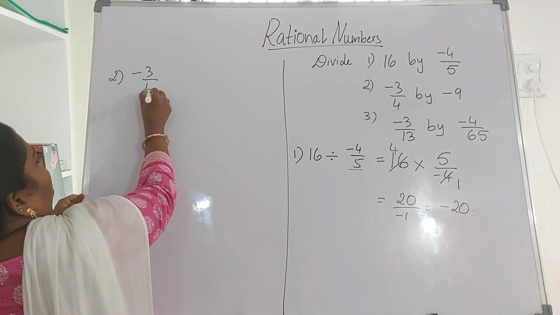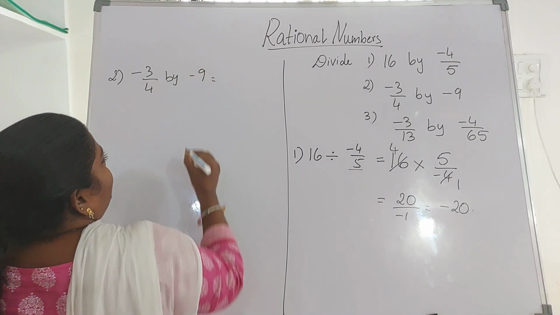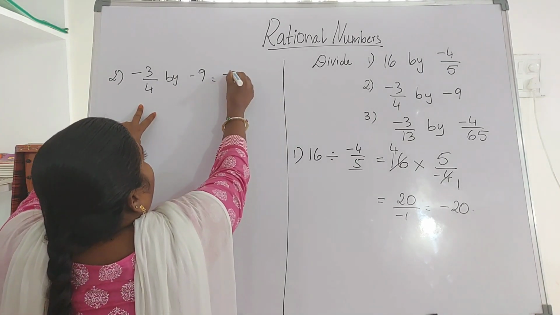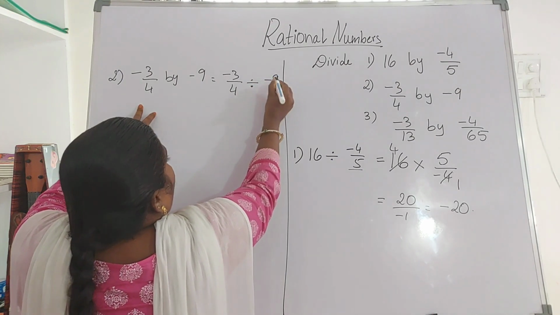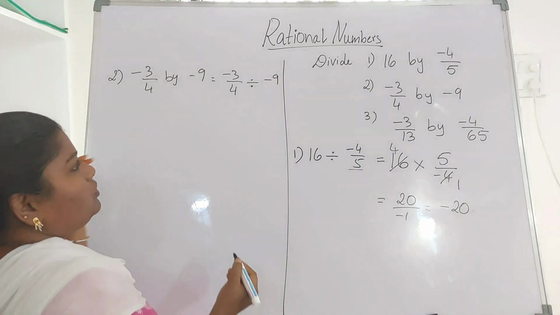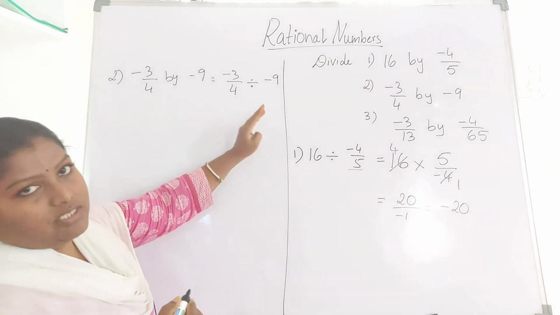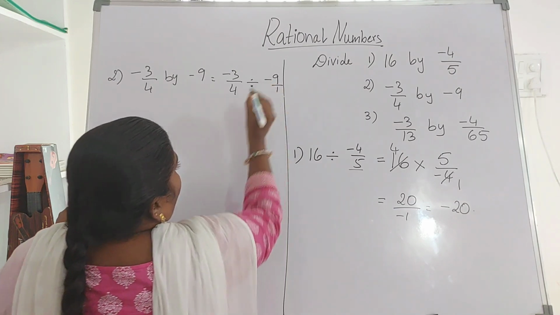Minus 3 by 4 by minus 9. So this can be represented using the division symbol, that is minus 3 by 4 divided by minus 9. Now as I told you, you have to take the reciprocal of the second number, that is the divisor's reciprocal we need to write. So this is minus 9 by 1 I can write.